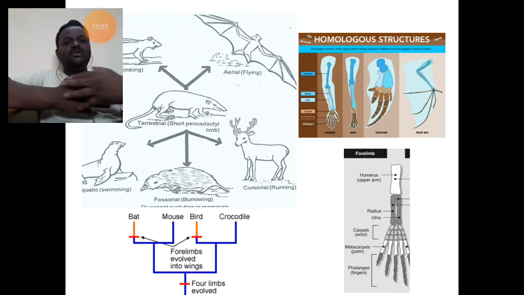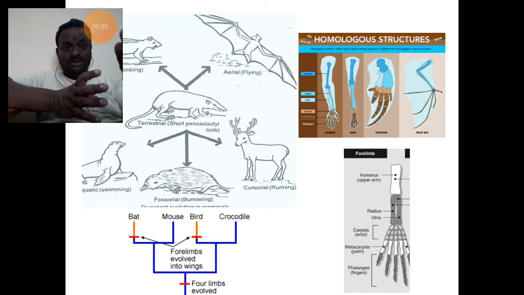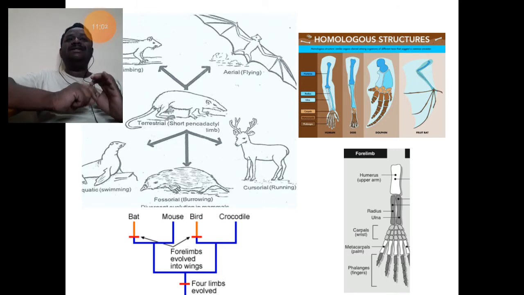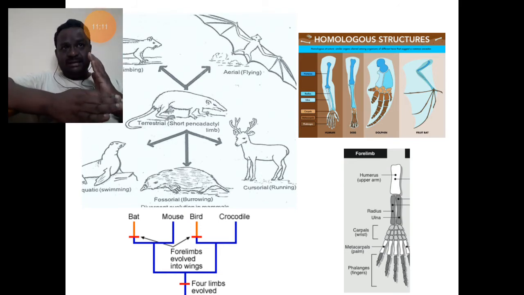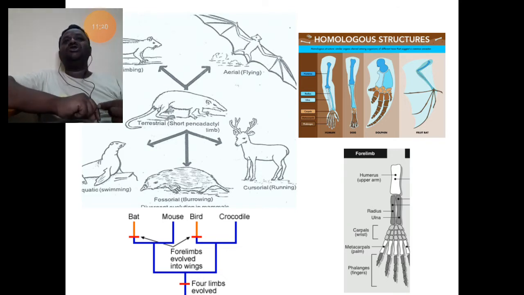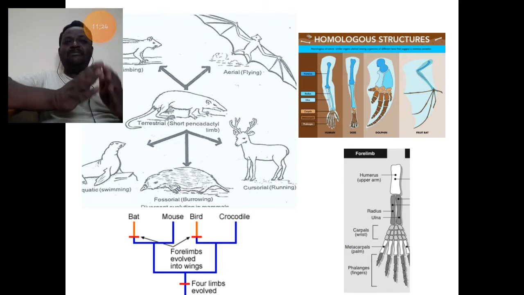This arrangement remains common for all vertebrates. It is common in mammals such as whales, dolphins, bats, squirrels, deer, horses, including man. That is, anatomically, the internal organization of the bones, or the plan of anatomy, remains the same or similar.